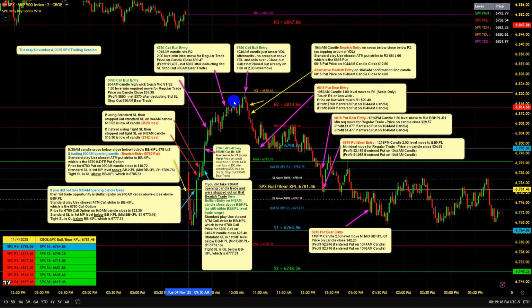So the prudent thing to do here is, if you didn't already close out, as I'm saying here, close out the call if not closed out already. Remember that this is the ideal minimum 2.0 move. This is the minimum required 1.5 level move. Now you can make adjustments here and try to stay in this trade.